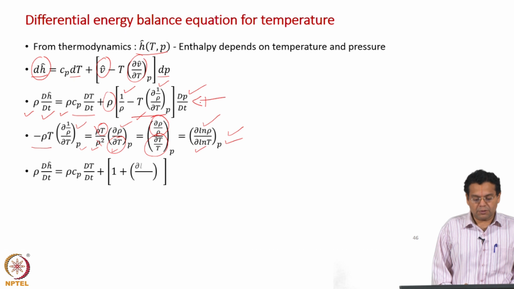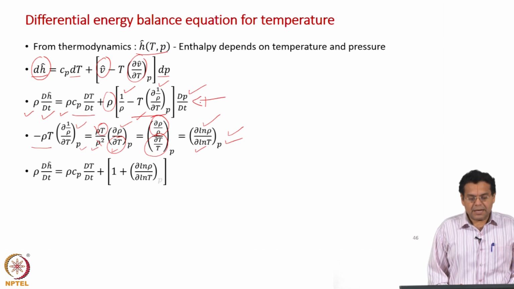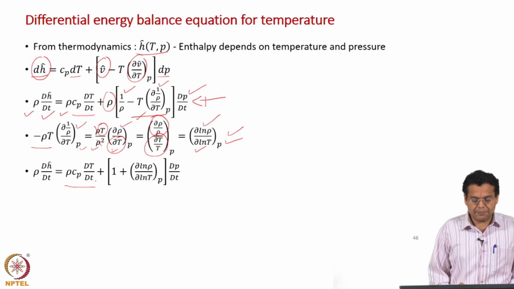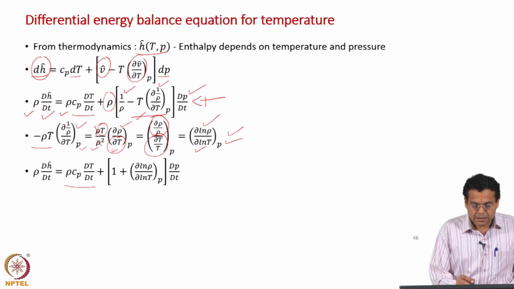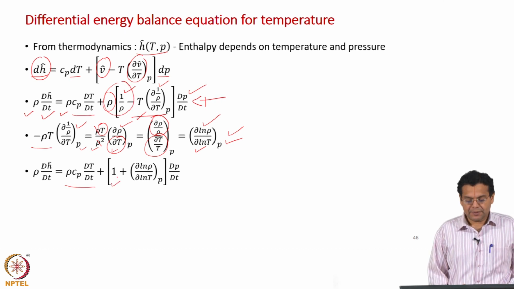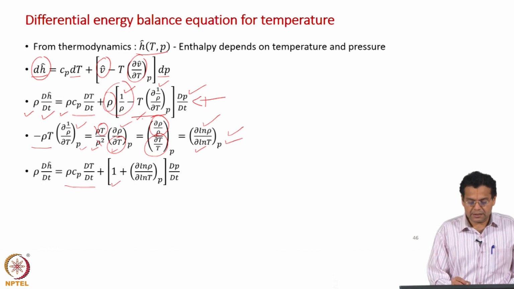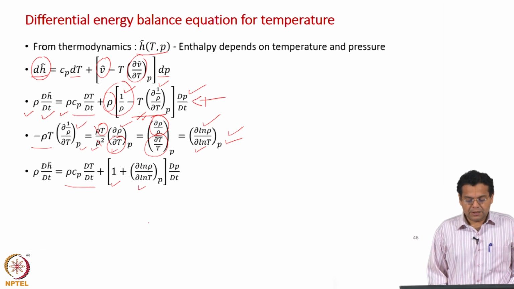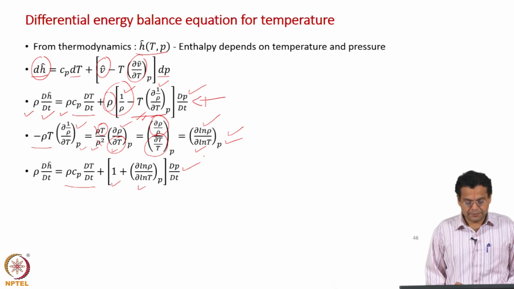On the left hand side we have rho times the substantial derivative of enthalpy, then of course we have rho Cp dT by dt, and this becomes unity, and then this term we have simplified as dou ln rho by dou ln T at constant pressure, and then of course we have dP by dt.